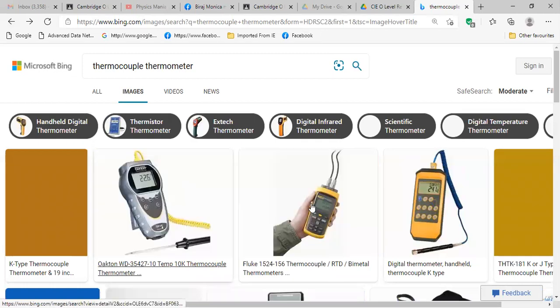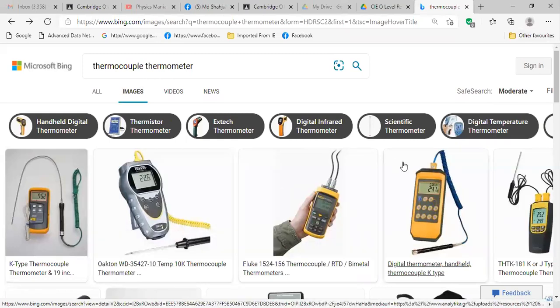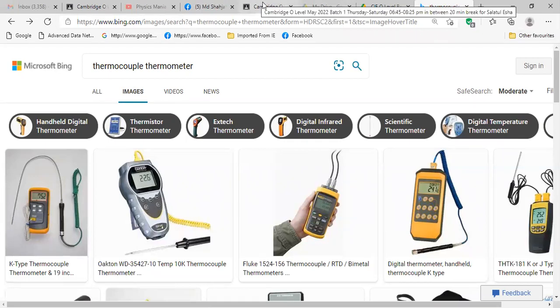You see, it's different, like this one. So in real life you will see it like that, but to understand how this is working, we are looking at that schematic diagram. Okay, is it clear, everyone?